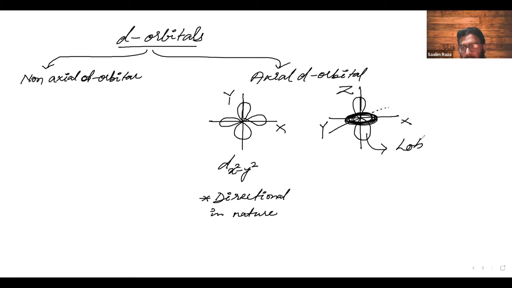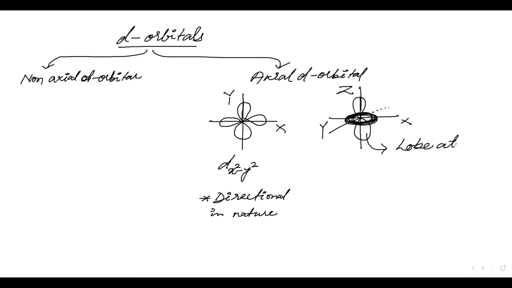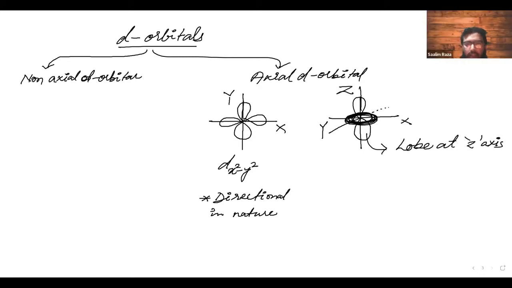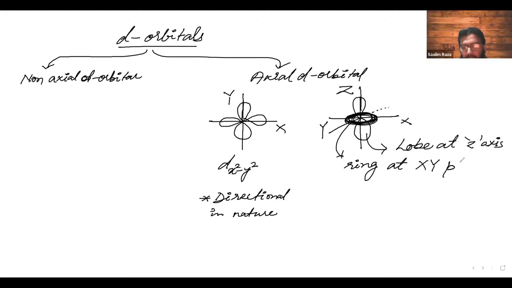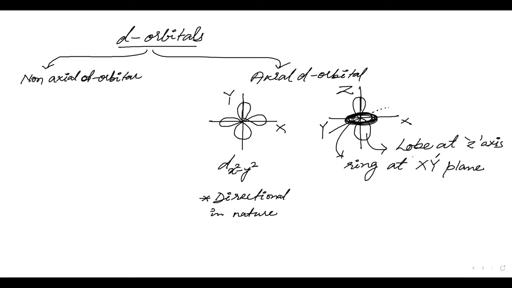Lobe at which axis? Z-axis, very true. And this ring is at the xy plane. It is a planar ring.